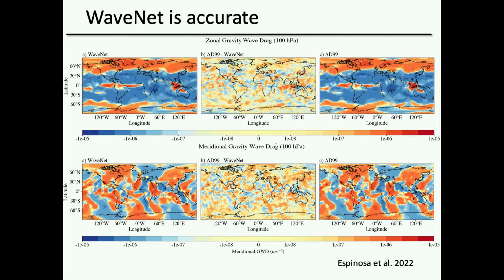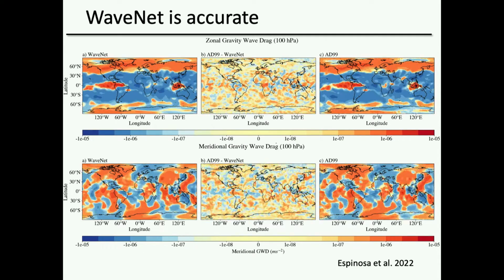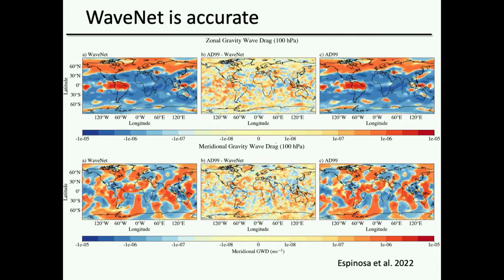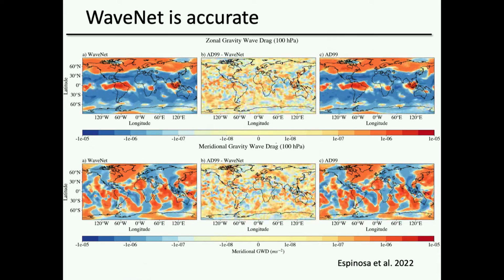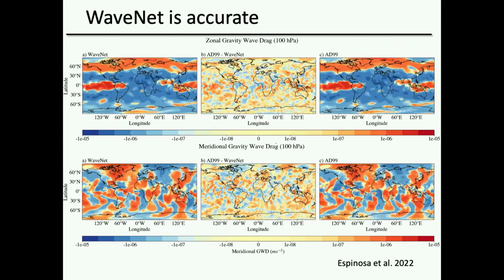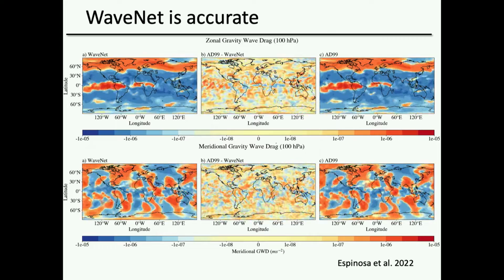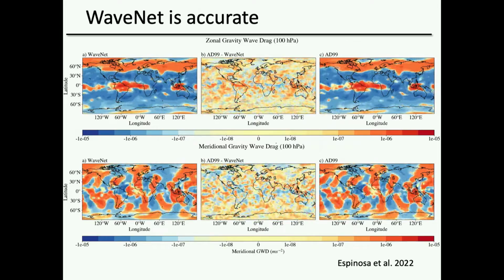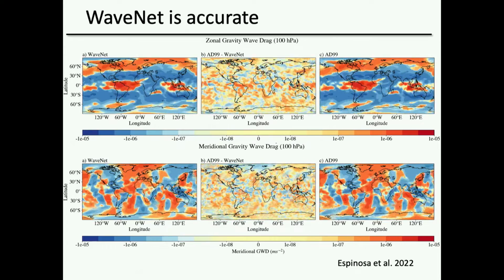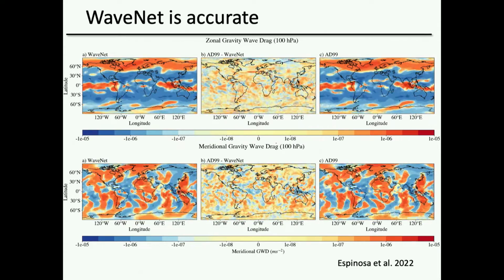And the good news is that it seems to do pretty well. So what I'm showing you here is the drag associated with these atmospheric gravity waves. On the left from our NN, which we dub WaveNet, we thought it was a nice name. The one on the right is our physics-based atmospheric gravity wave parameterization. And in the center is the difference, the physics-based one minus WaveNet.